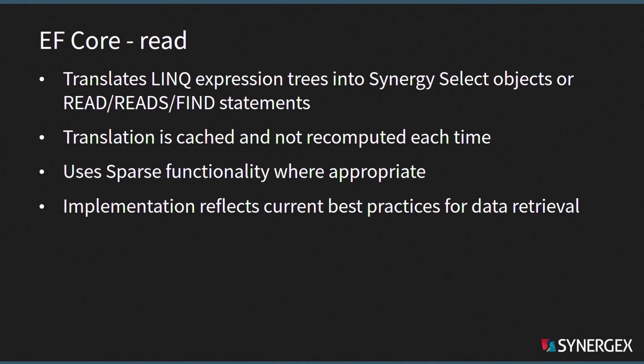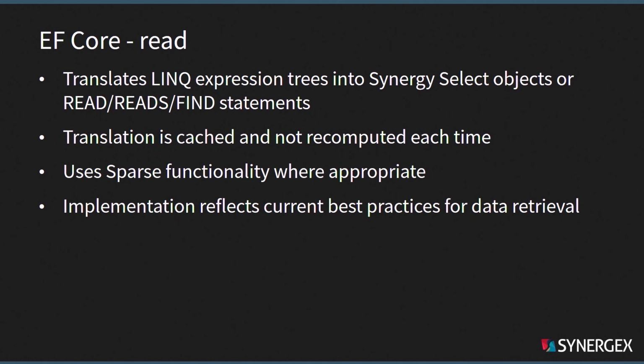If you, the user, are using it as code, you could be using LINQ queries that are generated from C#, or LINQ queries generated from the helpers that we offer inside of Harmony Core. But they get translated from those trees into Synergy select objects or read, reads, and find statements. It depends on what query you hand us, what direction we're going to go down.